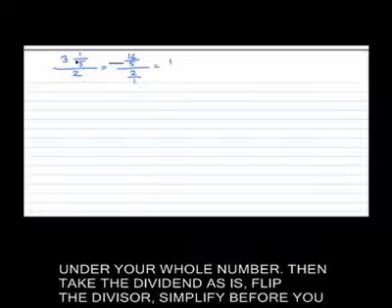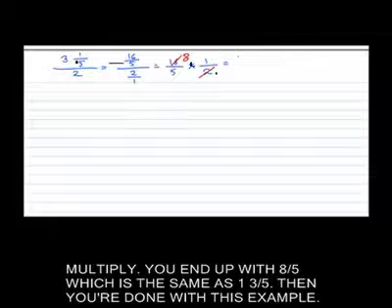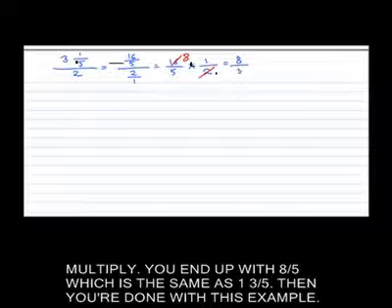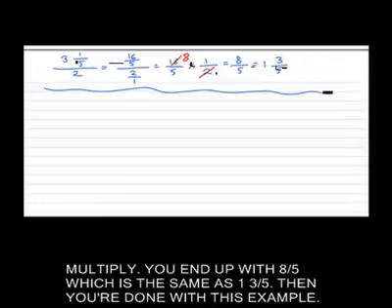Then take the dividend as is. Flip the divisor. Simplify before you multiply. You end up with 8/5, which is the same as 1 3/5. Then you're done with this example.